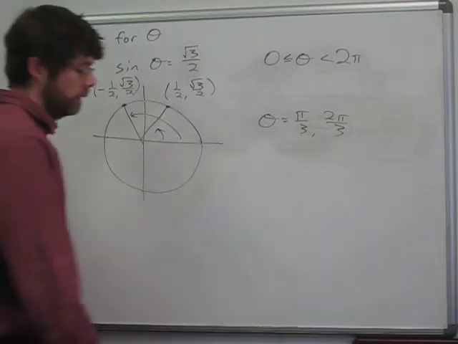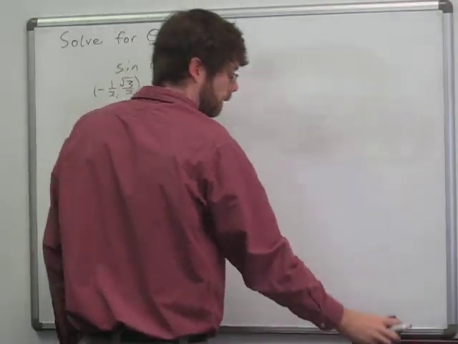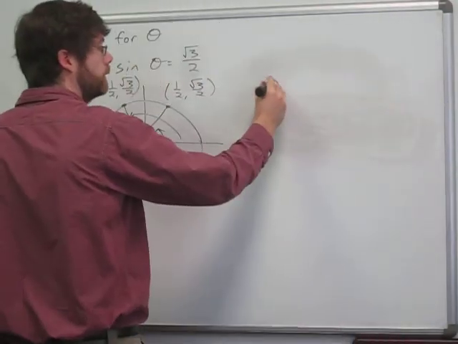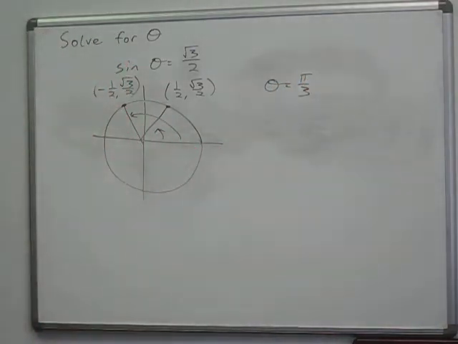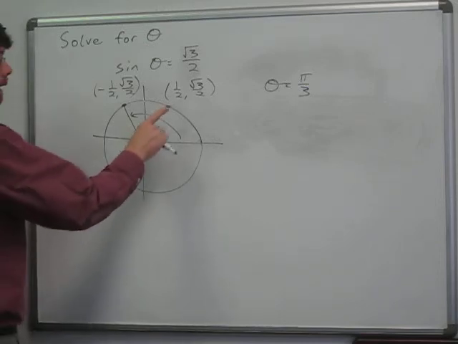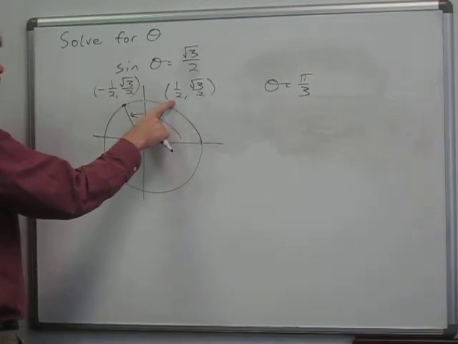So what would be different if we eliminated the restriction? Right? Well, certainly pi over 3 is still a solution, but it isn't going to be enough to cover all the possible rotations that land at this point. Right?